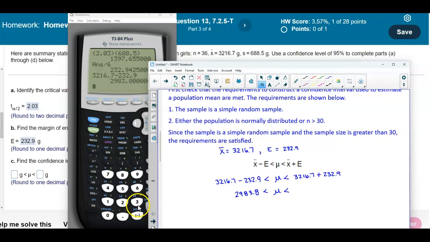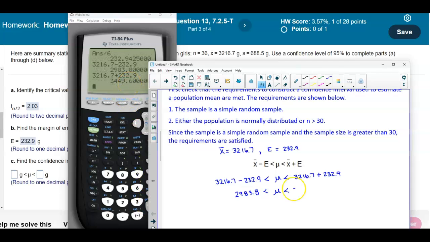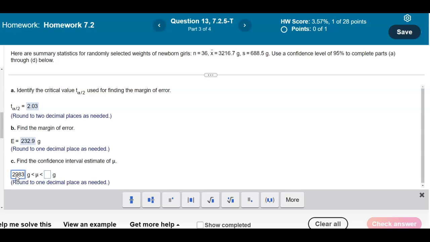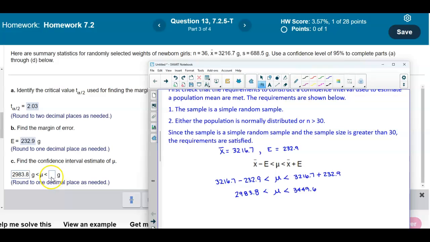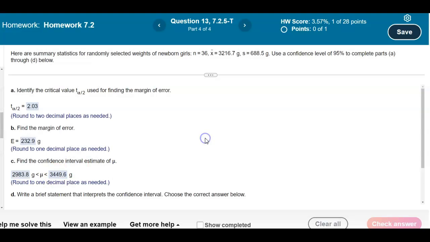For the upper limit, we have 3,216.7 plus 232.9, and that gives us 3,449.6. So let's put our values in here. The lower limit is 2,983.8 grams, and the upper limit is 3,449.6. Let's check our result, and there's our answer.